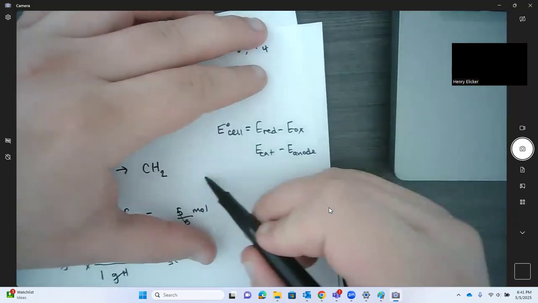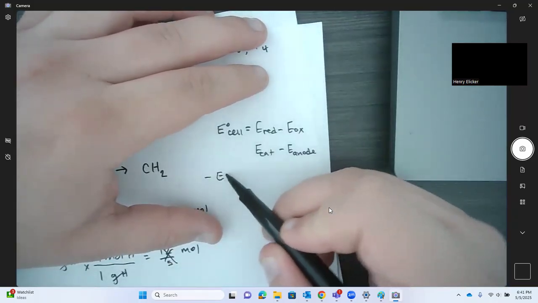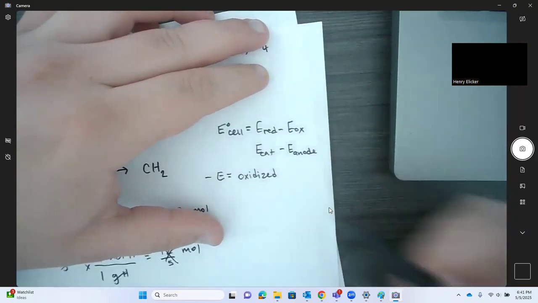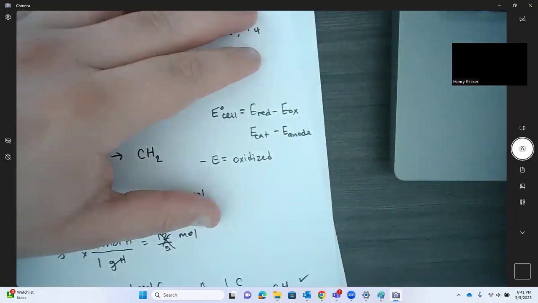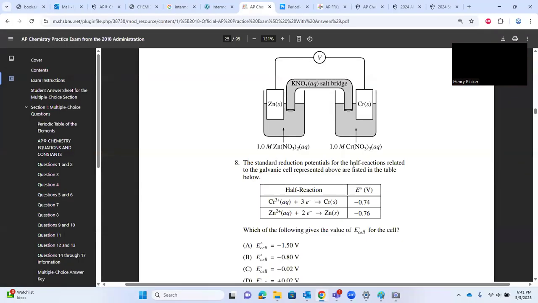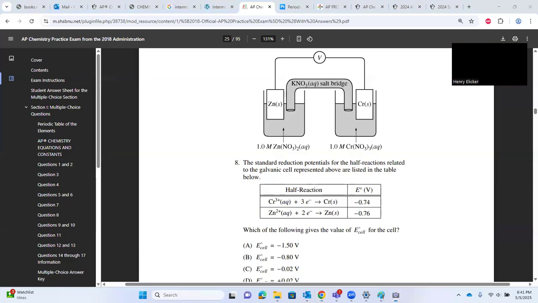The more negative something is, the more negative its E is, the more likely it is to be oxidized. Okay. So therefore that means lose electrons, the potential to lose electrons. So therefore, the more negative one here is actually going to be the zinc. So we're going to say the one that is more negative will be oxidized.